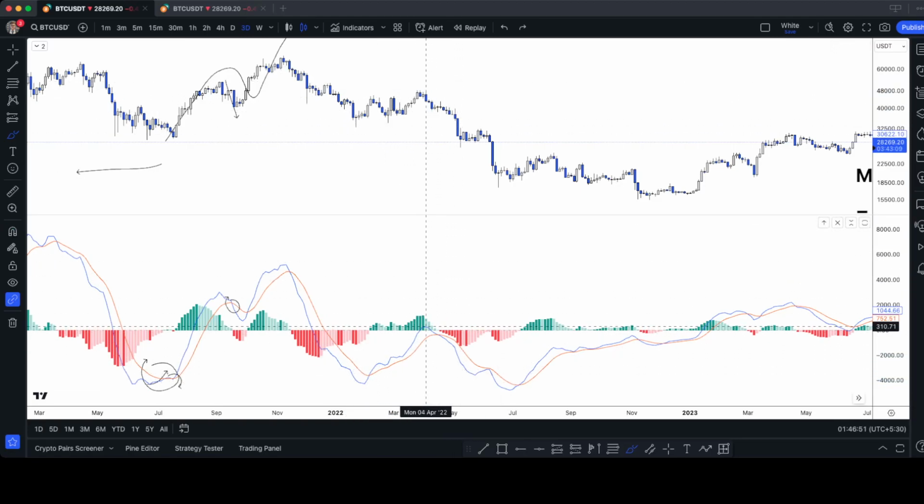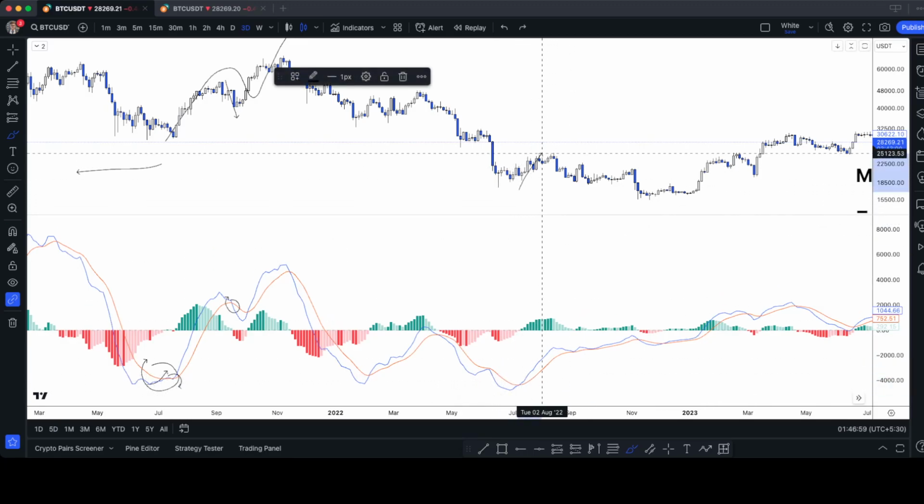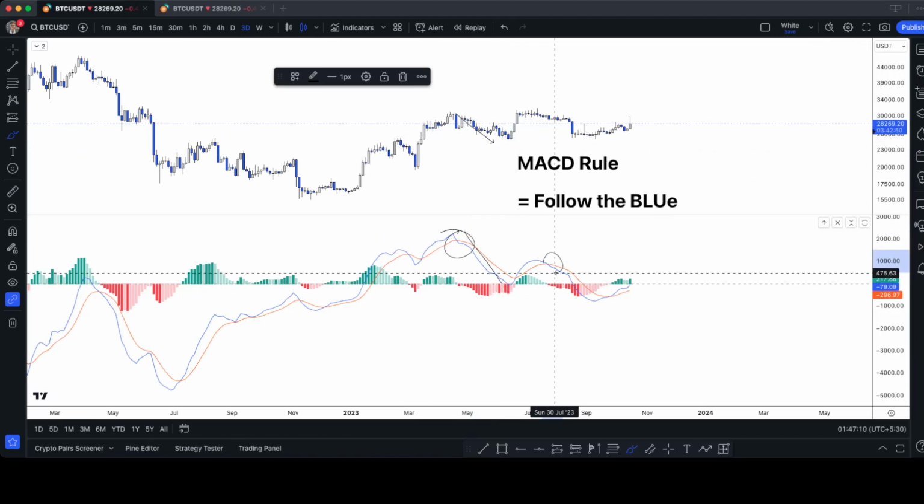Again it crosses, you see a dump. Again it crosses, you see a pump. It's very simple. Again, the blue crosses the orange and you see a dump. And now it's flipping, and you are seeing a pump.